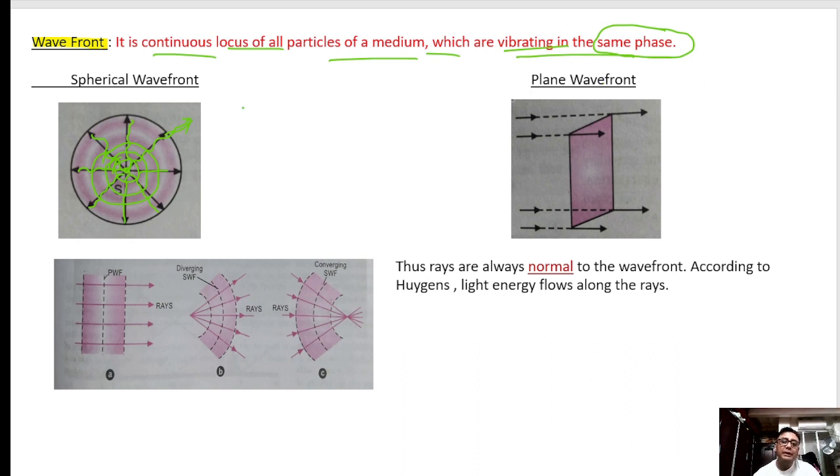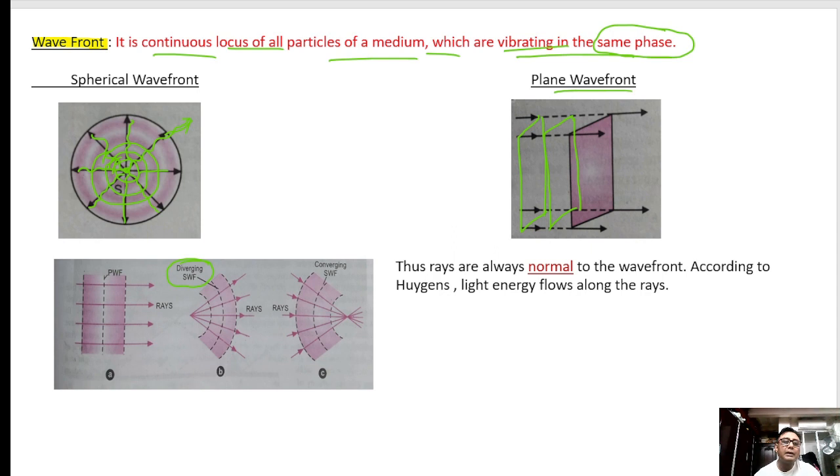So this type of vibrations can produce how many types of waves? One is a plane wave front. Plane wave front means the waves will progress like this. Since the waves look like planes, we call it a plane wave front. Second is a diverging spherical wave front.